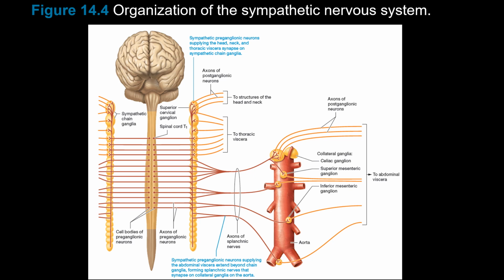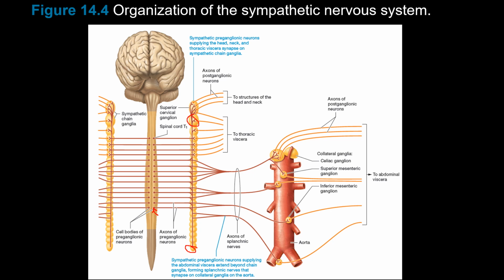And here we have a great image that shows exactly what I'm saying. You see that these all chain together, one after the other, all the way down to the inferior sacral ganglion. The cell bodies are located in the gray matter, and they travel out to the ganglion, and then they either synapse, like here, onto efferent neurons that innervate the thoracic viscera.